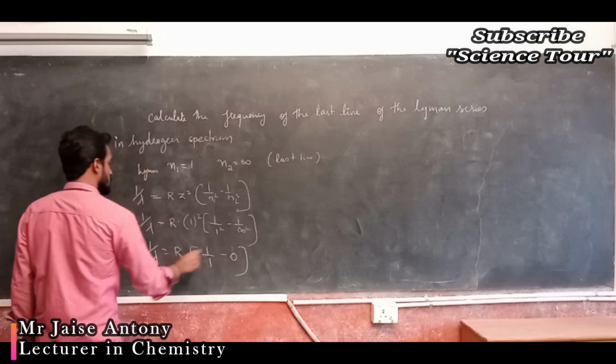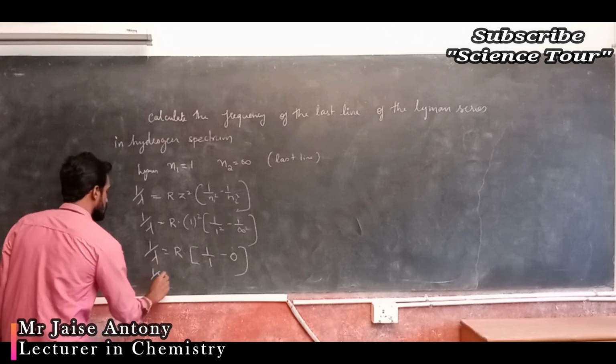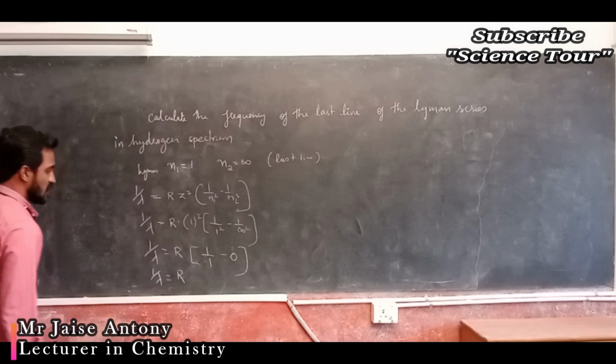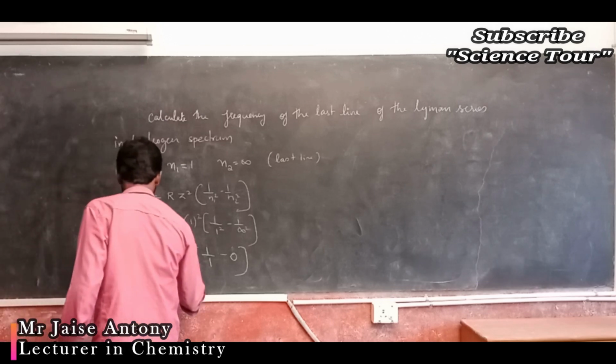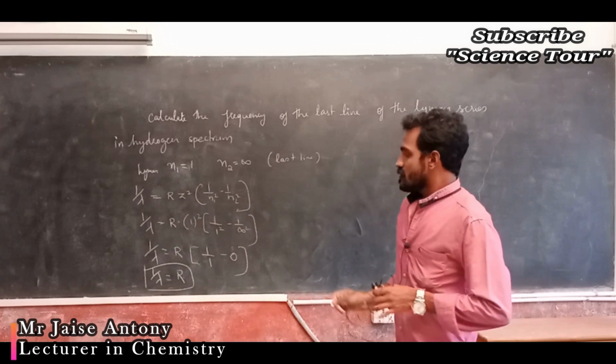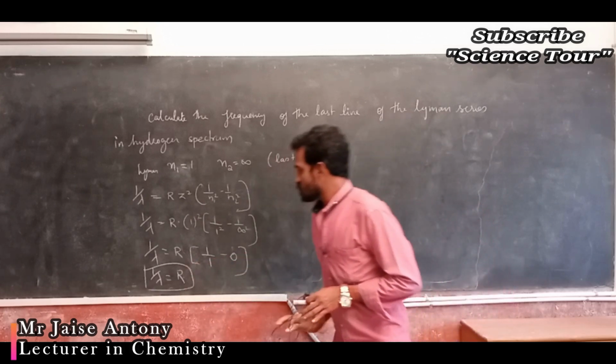That means 1 minus 0. So 1 by lambda is equal to R into 1, and R into 1 is R. So how much is 1 by lambda? It is nothing but R. We solved till 1 by lambda is equal to R.